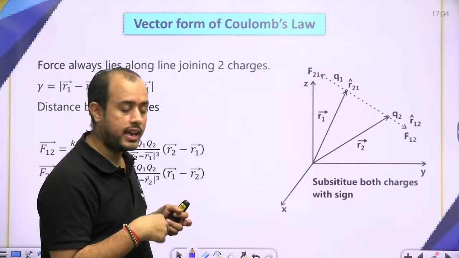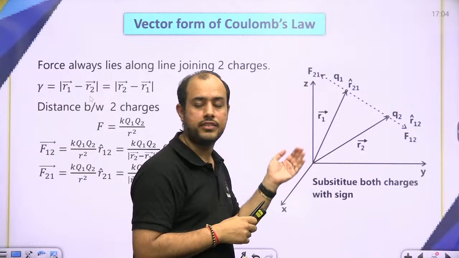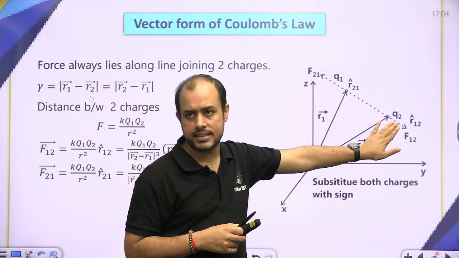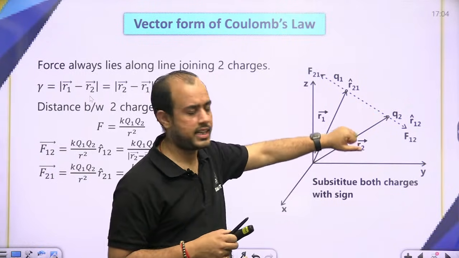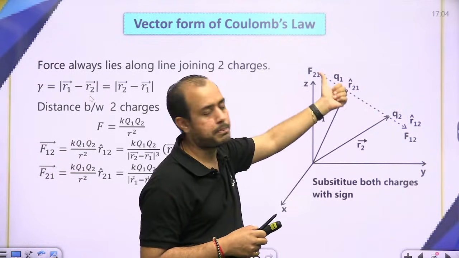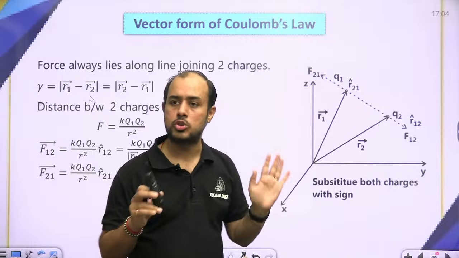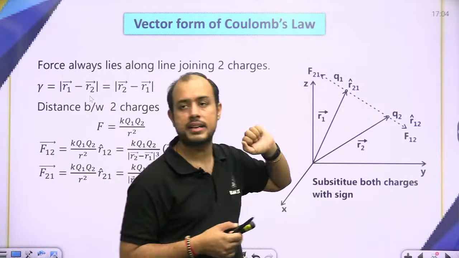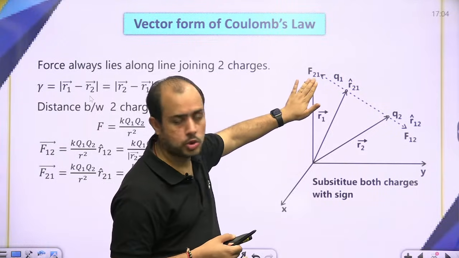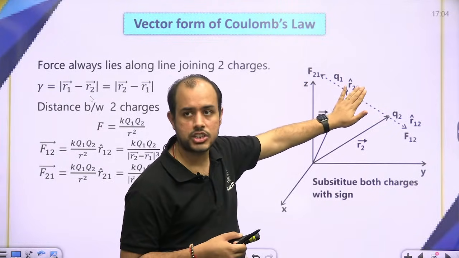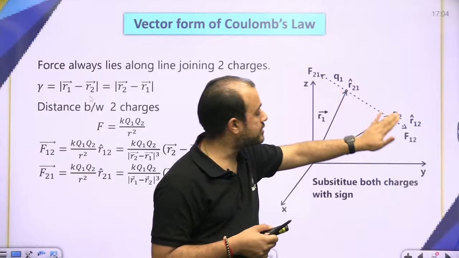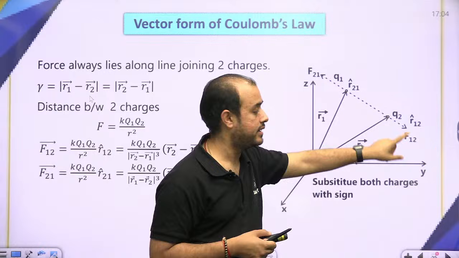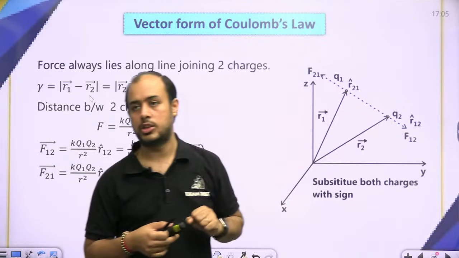Assume both the charges are positive or both are negative, so they are applying repulsive force on each other. So the force of 2 on 1 is in the direction of R21. Force of 1 on 2 is parallel to R12.